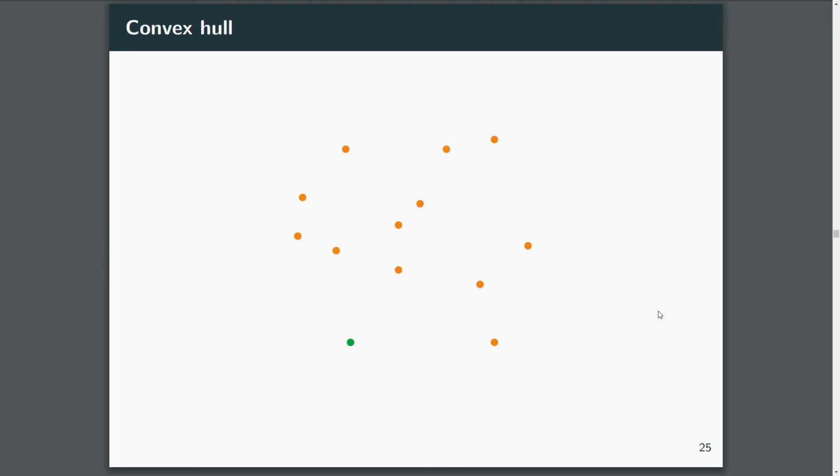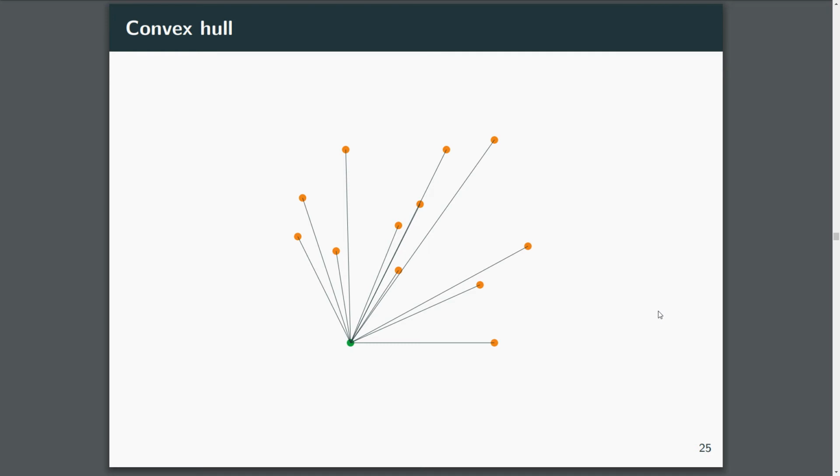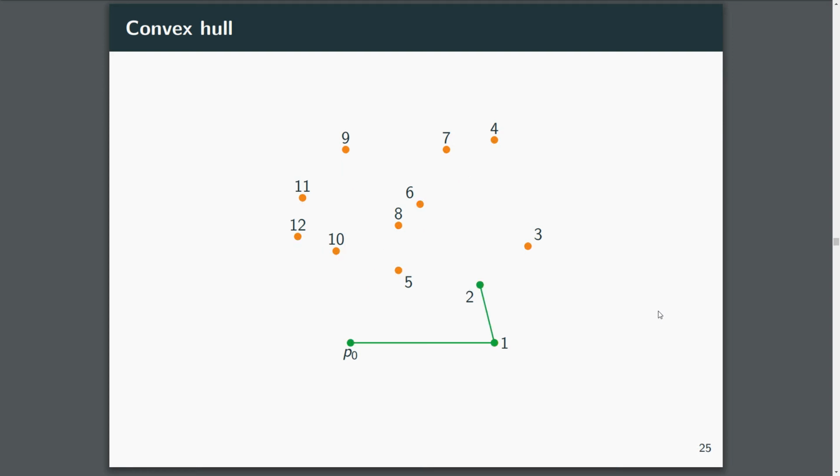So let's do an example. We start at the green point. We sort by the polar angle. So we number them like so. Then add the first 2 values to begin with.